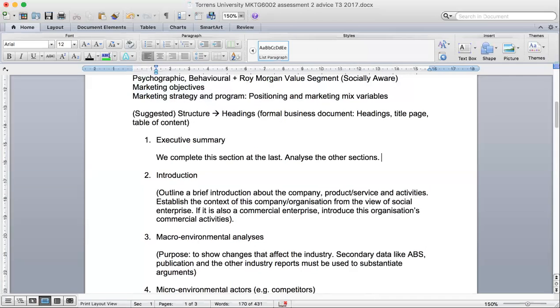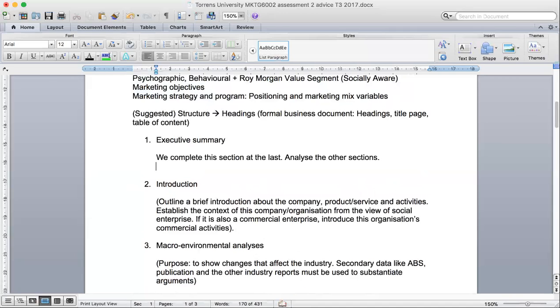Otherwise, if we haven't analyzed the other sections, how can we make an executive summary? We can't summarize it. And what is an executive summary? It is actually a snapshot of all other sections. In other words, it contains the key highlights of each section.